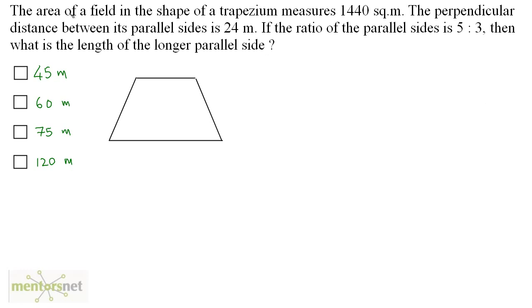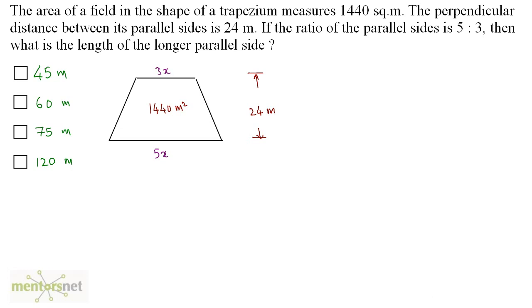Now we have been given the area of this trapezium, that's 1440 meters square, and the distance between the parallel sides, 24 meters. The ratio of the parallel sides is 5:3, so I can write the longer side as 5x and the shorter side as 3x.